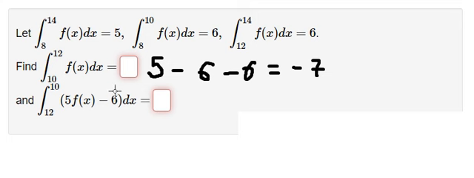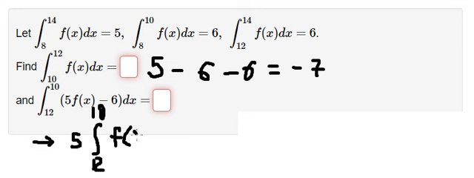Question number 2, we need to find the integration of this one. So this one we can put like this, and this one is negative number 6.